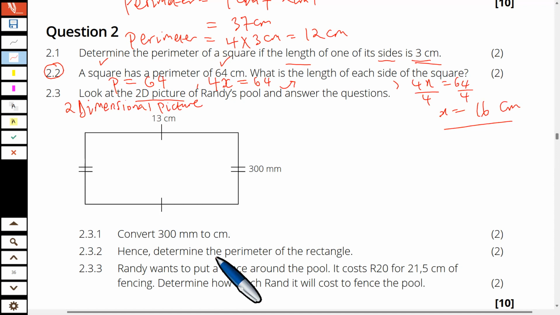Okay, convert right now. Want to convert, for instance, 300 millimeters to centimeters. Have you ever learned how to convert millimeters to centimeters? Yes, I do. Okay, try 2.3.1, and then we're going to do corrections together, please.